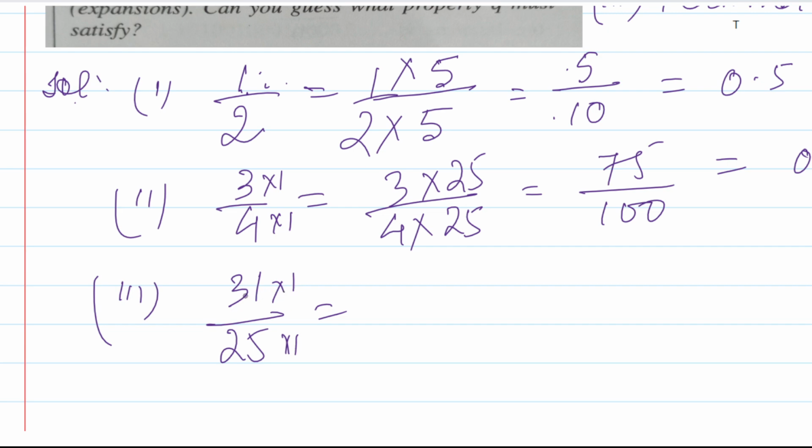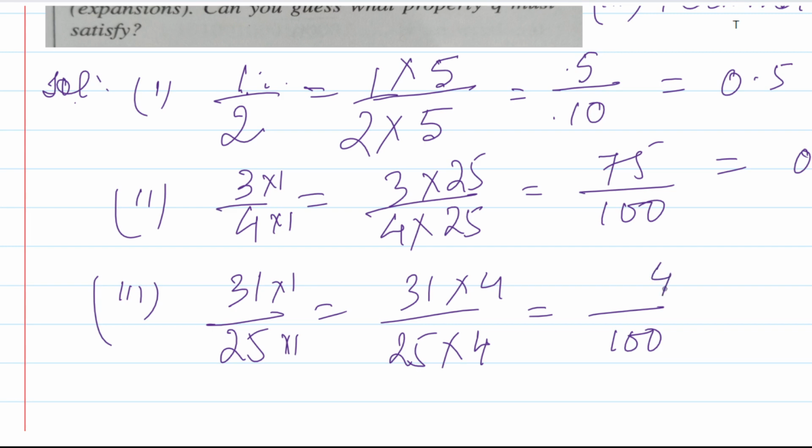So 1 is my common factor. Common factor means a number which I can have in both the numerator and denominator. Okay, so this one, 31 by 25. With what number should I multiply so that I'll get zeros in the denominator? For example, 100. Obviously 4 times 25 is 100. So into 4 here also. 4 ones are 4, 4 threes are 12. So if I divide, I'll get 1.24.